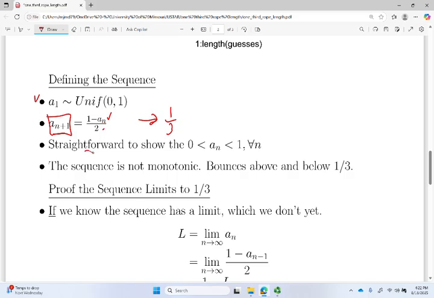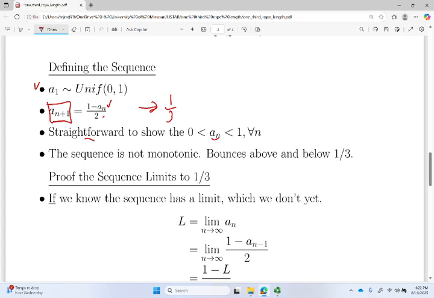Now, it's pretty straightforward to show that the sequence is bounded by 0 and 1. The reason I'm doing that is, if you can find a bounded sequence, then it's often easier to find its limiting value. But one downside, this isn't a monotonic sequence because it bounces a little over and a little under 1/3 each time.